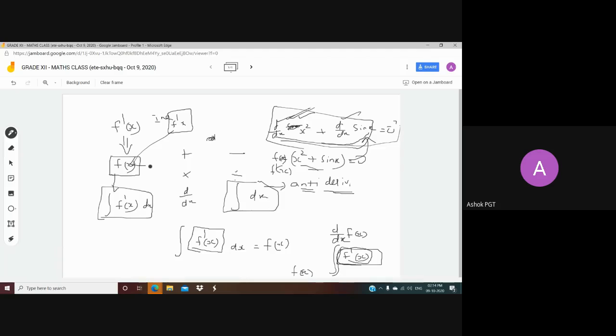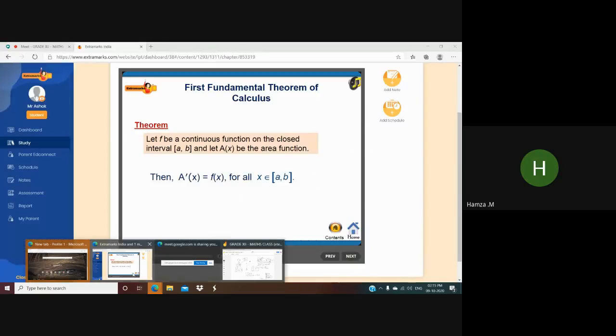In case you do not know indefinite integral, you cannot score marks in indefinite integral, definite integral, application of integrals, as well as differential equations. In 4 concepts your mark will be 0. But if you are very clear with indefinite integral, 4 chapters will be very easy for you. Students, are you clear till now? Yes, sir. So please study indefinite integral thoroughly.